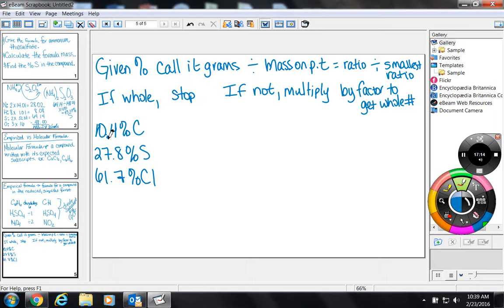Now what I'm going to do is find my calculator. I'm going to take this number and divide it by the mass of carbon on the periodic table. What's the mass of carbon? 12.01. So 10.4 divided by 12.01. When I do that, I get 0.8659.